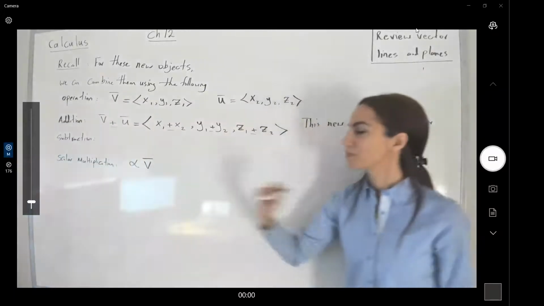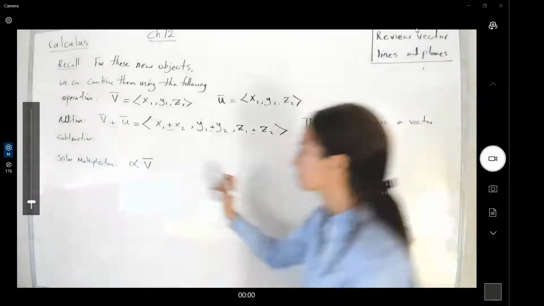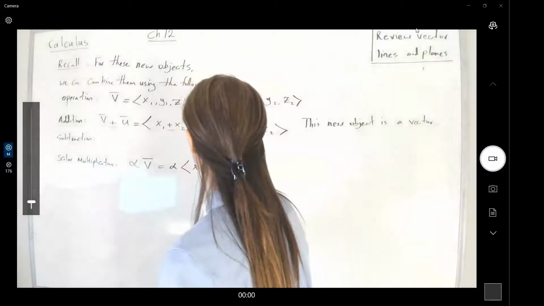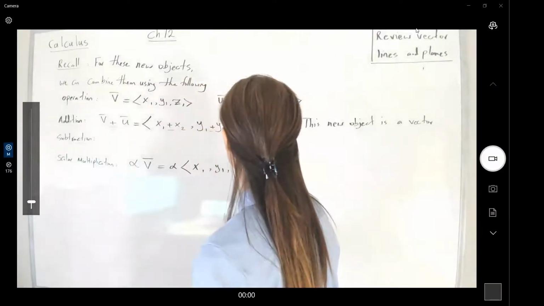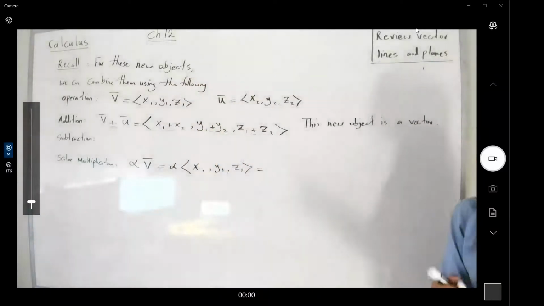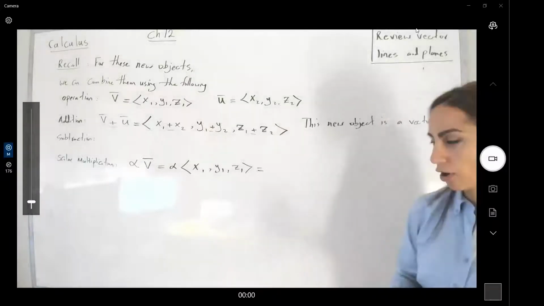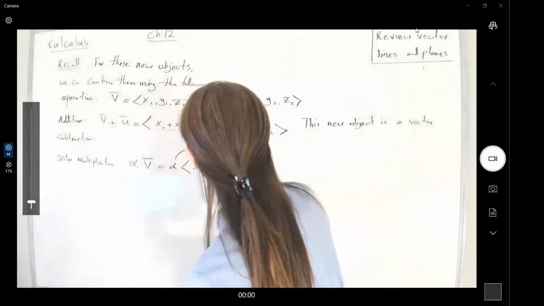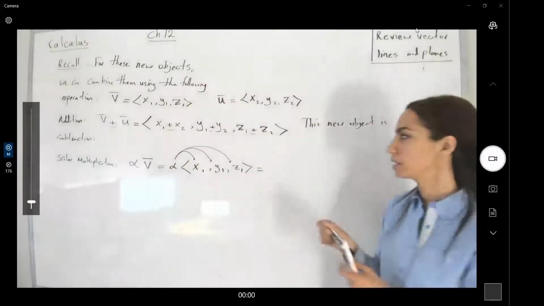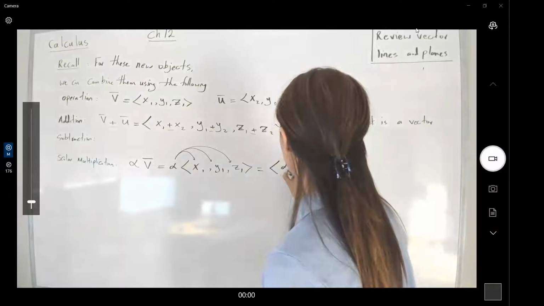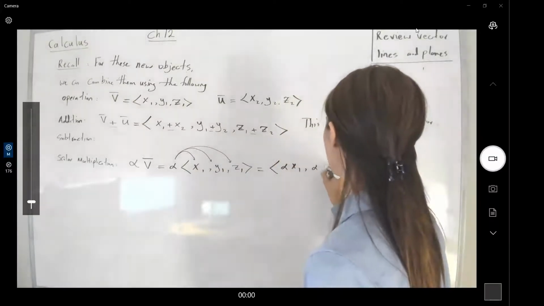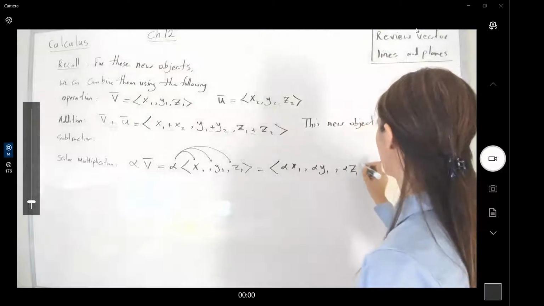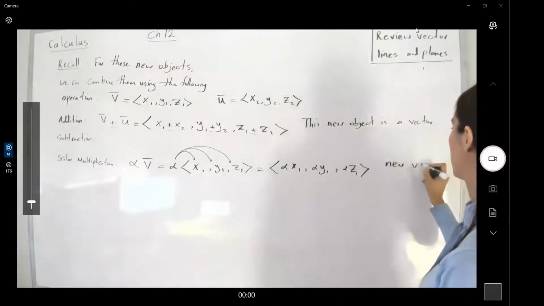Alpha multiplied by v is alpha times x1, comma y1, comma z1, which is, what do we do? Unofficially, we distribute alpha into the vector. Alpha times x1, alpha times y1, and alpha times z1 to create a new vector. Alpha x1, comma, alpha y1, comma, alpha z1, which is a new vector.